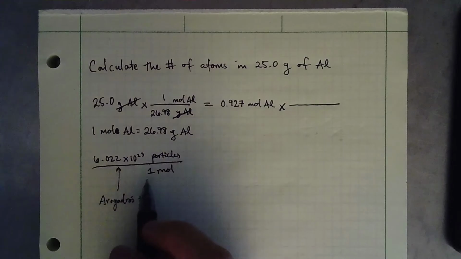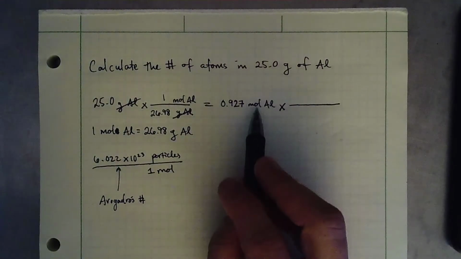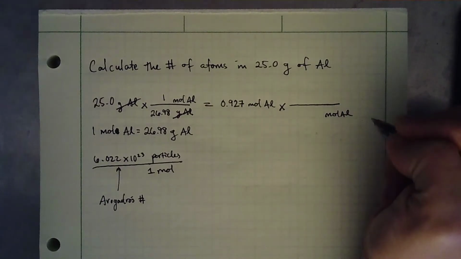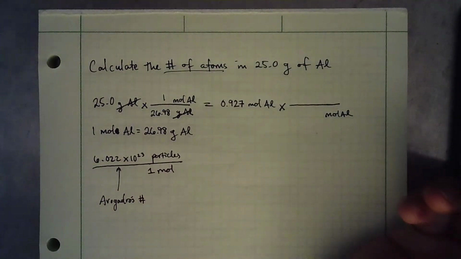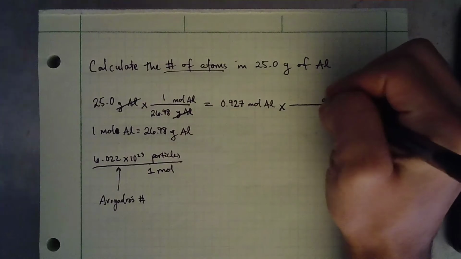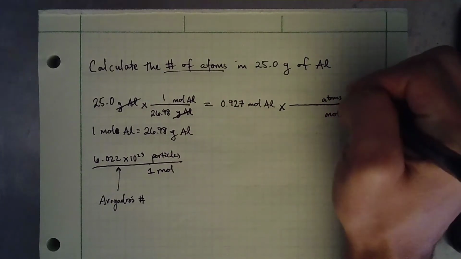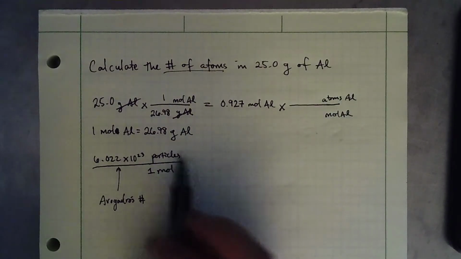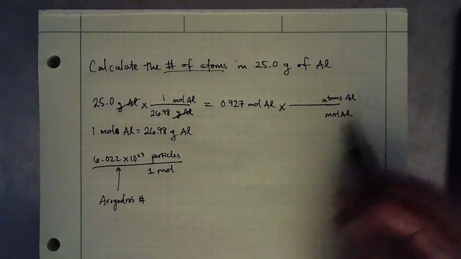I'm going to multiply by this, because I've got moles of aluminum, so I'm going to put moles of aluminum down here. I want to know the number of atoms, so atoms of aluminum. Those units match up with these, right? Particles and atoms mean the same thing.